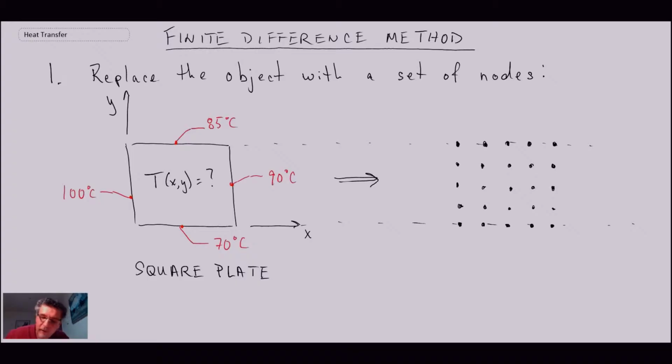And then what we would do is specify the grid spacing, and in this case it's delta x, delta y, and then we go through and assign node numbers to each of the individual nodes.